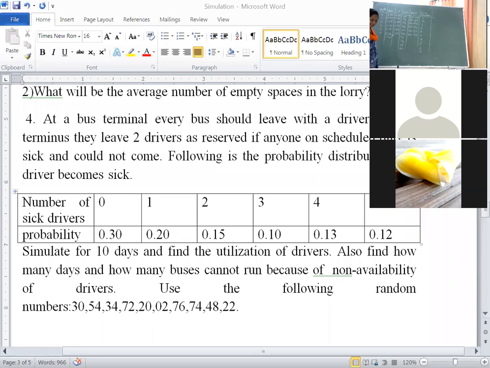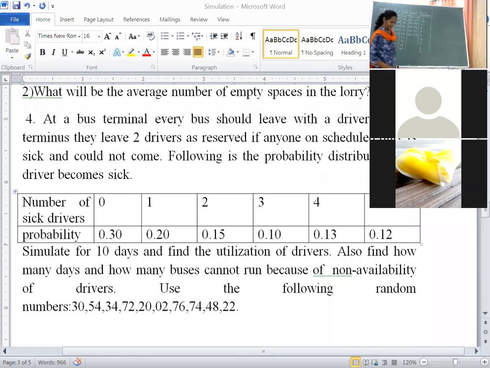Go through the problem carefully. What they asked: at the terminus they keep 2 drivers as reserved, in case anyone on scheduled duty is sick and could not come. They asked to simulate for 10 days and find the utilization of reserved drivers, and find how many days and how many buses cannot run because of non-availability of drivers.